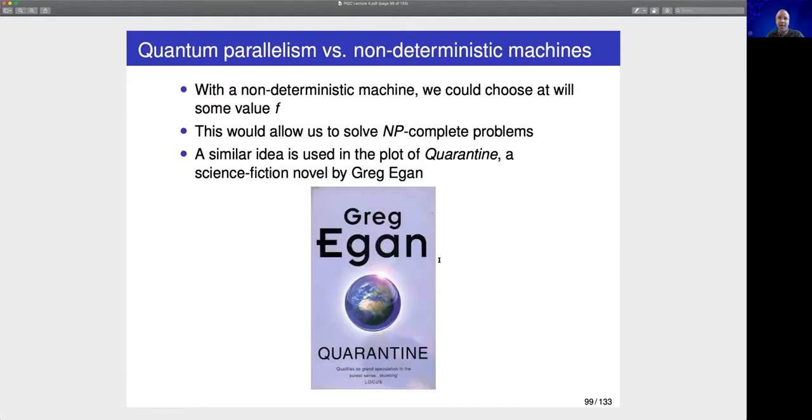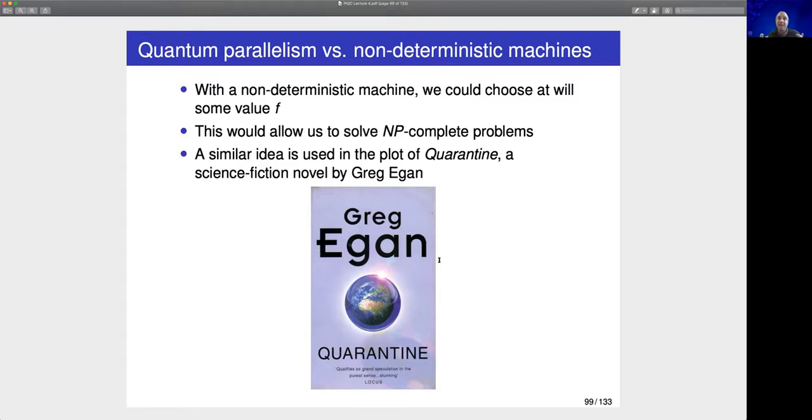If we had a non-deterministic machine, maybe some of you have studied the model of non-deterministic Turing machines, then in this situation we have something similar to this evaluation of all the values of the function at once. In a non-deterministic machine, we have several points in the computation in which we split the tree of computation, and we are following several paths at once.